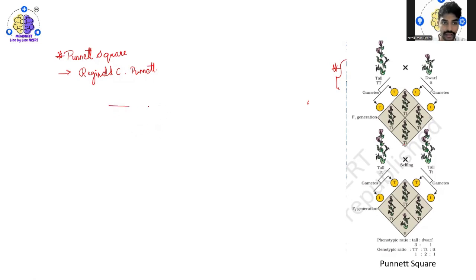Say this is male and this is female. So we have capital T and capital T, and small t and small t. So don't get confused. What will be the result now? Capital T, small t, then capital T, small t, and again capital T, small t and capital T, small t.